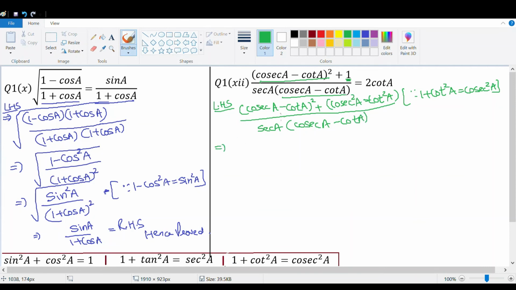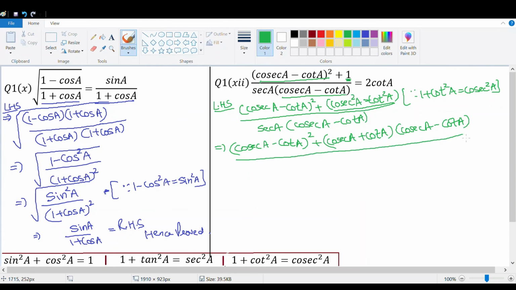Now the numerator is, this is cosec minus cot whole square, and this is cosec square minus cot square, which means this can be written as cosec A plus cot A multiplied with cosec A minus cot A. Perfect. So what I had in mind, I think I am getting it there, which means I should be able to take cosec minus cot common in both these terms in the numerator. This would be written as cosec A plus cot A multiplied with cosec A minus cot A, and the denominator is sec A times cosec A minus cot A.